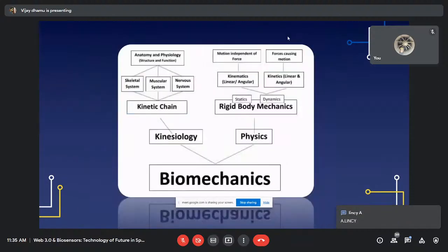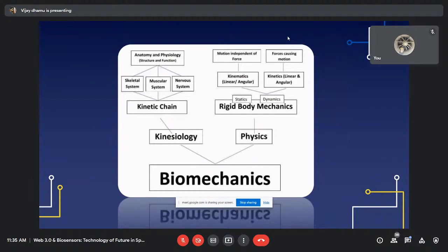Okay, so biomechanics can be subdivided into two different study streams. If we take biomechanics from a physics point of view, we can divide it into rigid body mechanics. If we study the human body from the point of view of bones and muscles, then it is focused on kinesiology.